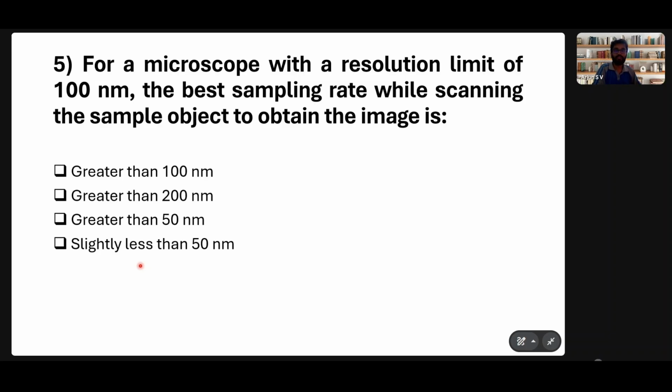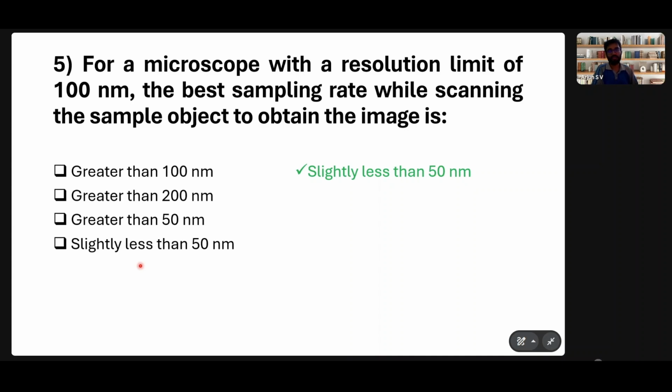For a microscope with a resolution limit of 100 nanometer, what is the best sampling rate while scanning the sample object to obtain the image? So the best sampling rate here will be slightly less than 50 nanometer. The sampling rate should always be less than or equal to half the resolution limit.